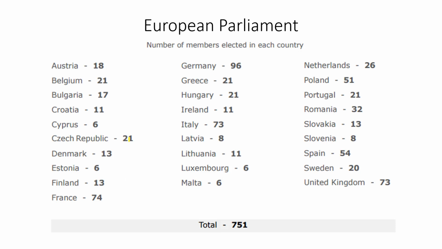Looking at the numbers of the European Parliament, total 751 representatives, and the bigger states, Germany and France, have the highest number of members, then Italy, Spain, Poland, based on population. The UK's 73 members will be going away. That will be official sometime this year.